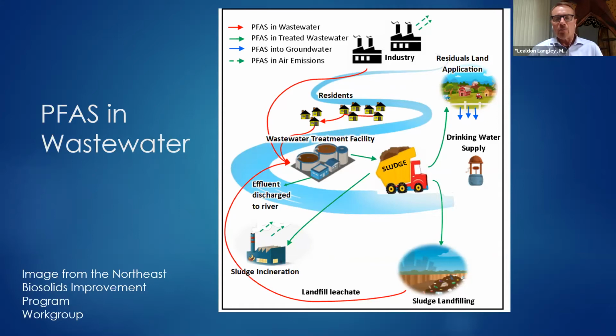Also, the sludge that is produced from these processes may contain PFAS. Then the residuals are either disposed of through incineration or landfilling, or may be reused as a land application for fertilizer. All of these pathways potentially present the ability for PFAS compounds to get into drinking water. Next slide, please.